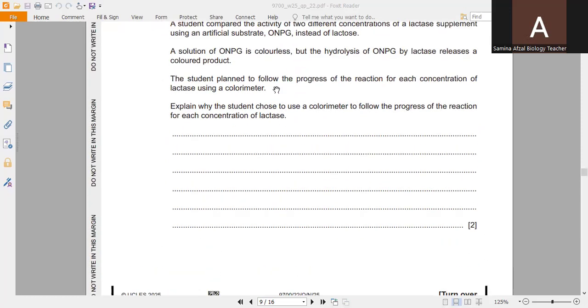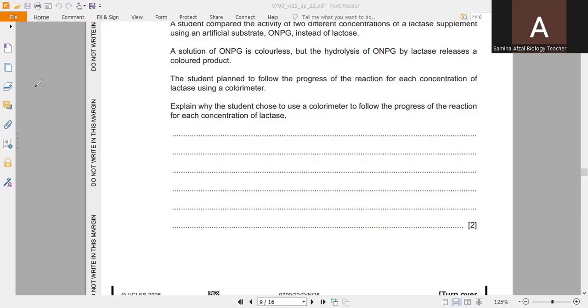So here we can explain the use of a colorimeter.